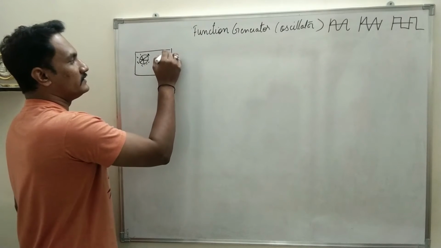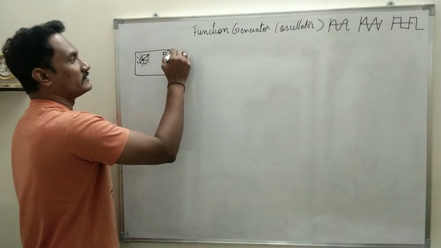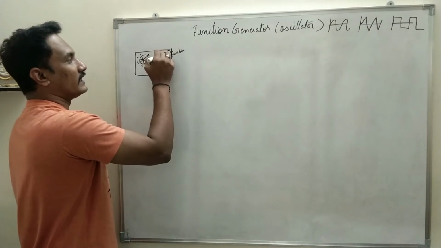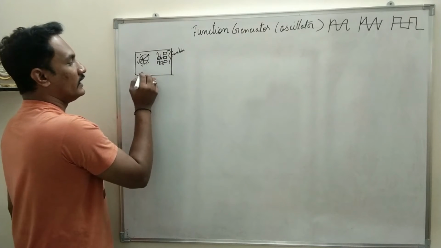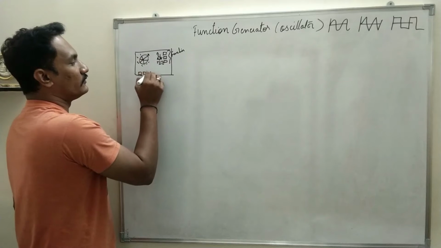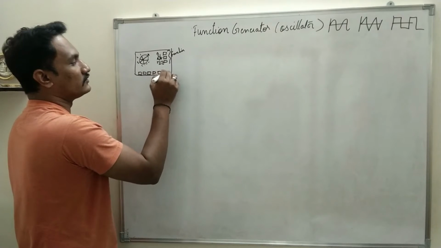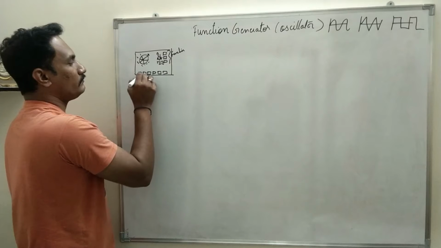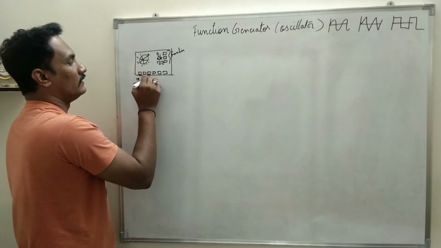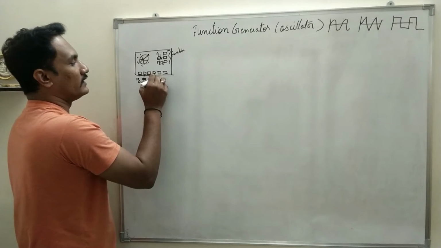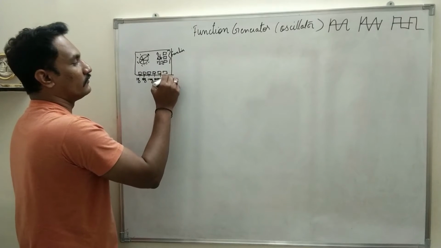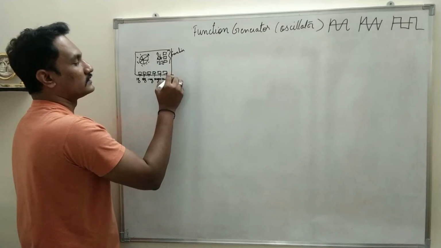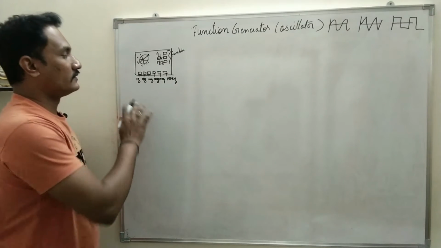Then there are three knobs which define the function, whether it will be a sine wave, a triangular wave or a square wave. And then this is the frequency range. There are knobs, say 1 Hertz, 10 Hertz, 100 Hertz, 1 kilohertz, 10 kilohertz or 100 kilohertz, like this.